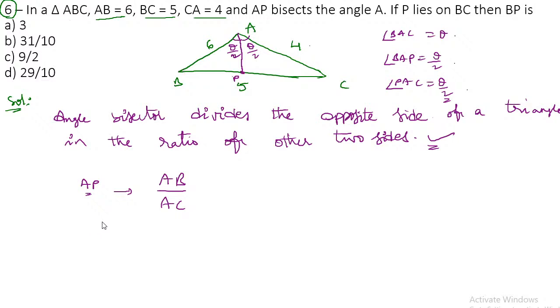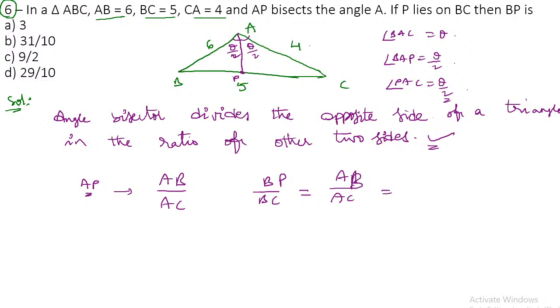So the angle bisector divides the side BC in the ratio AB is to AC. So now BP by PC is equal to AB by AC.